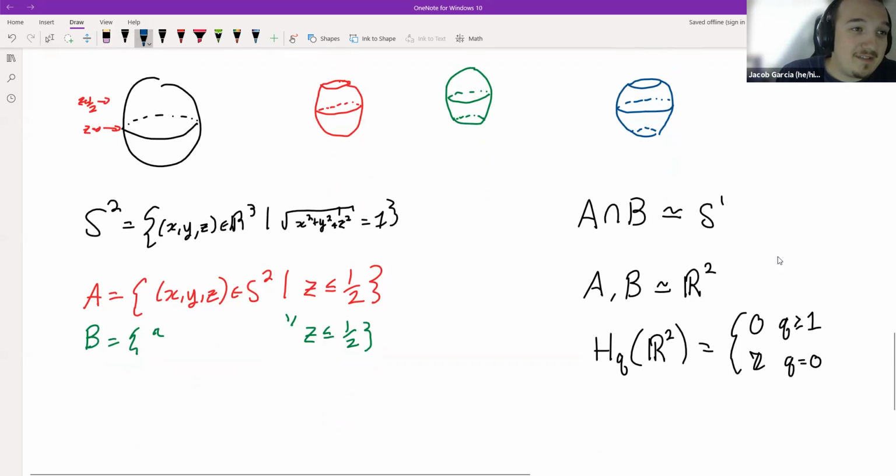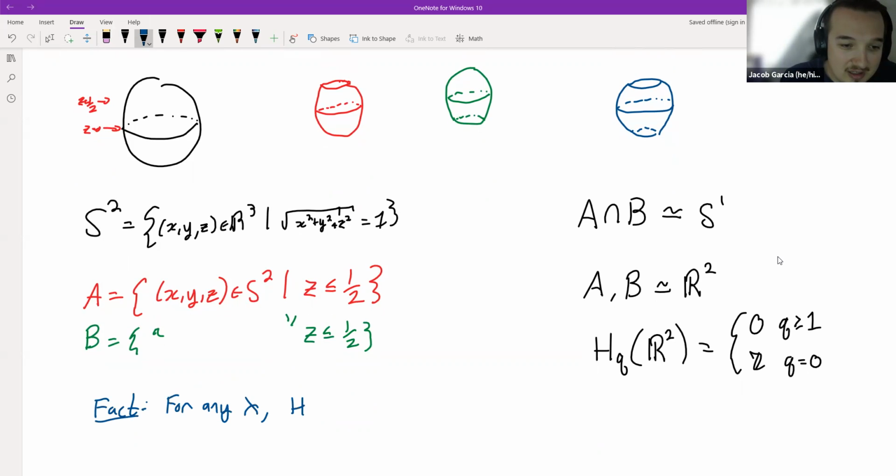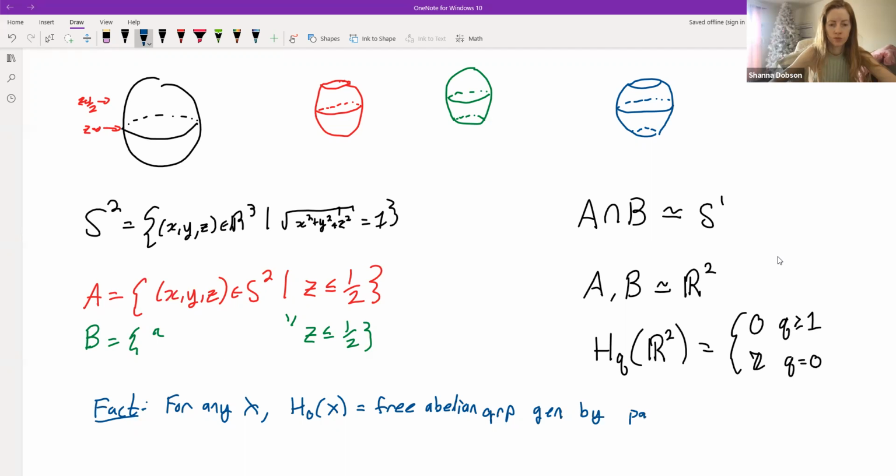Although at this point, I feel like I would be a poor instructor if I did not give the following fact, which is quite nice. For any x, H0 of x is the free abelian group which is generated by the path components.